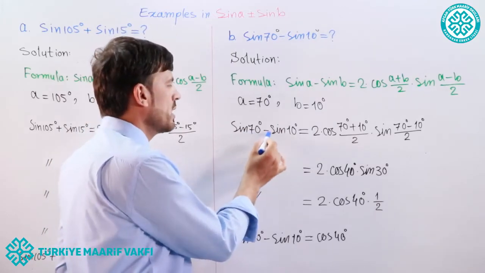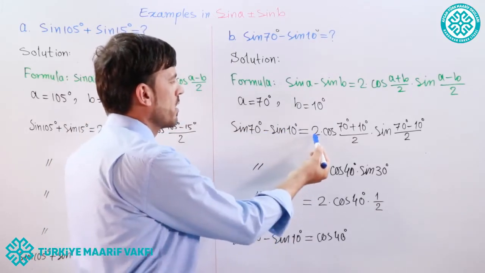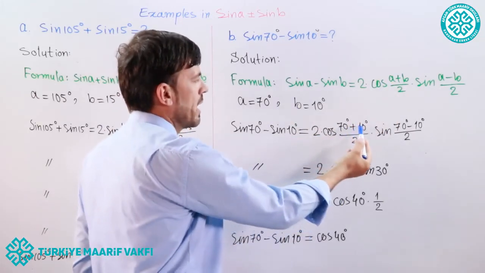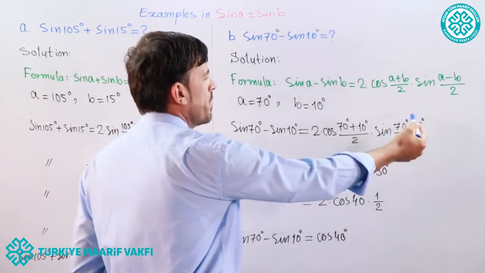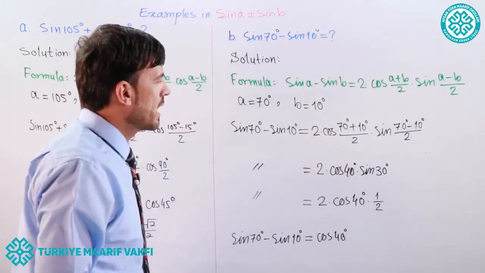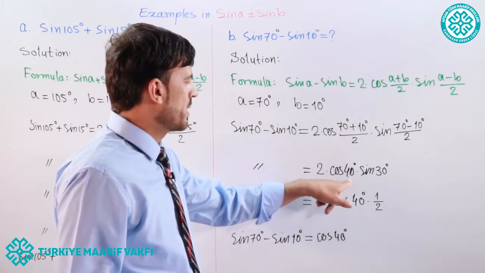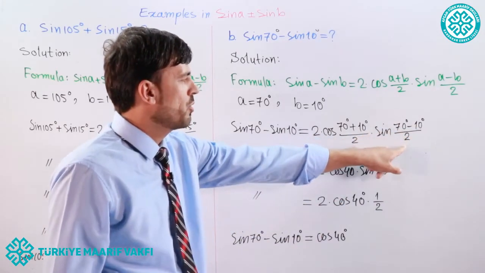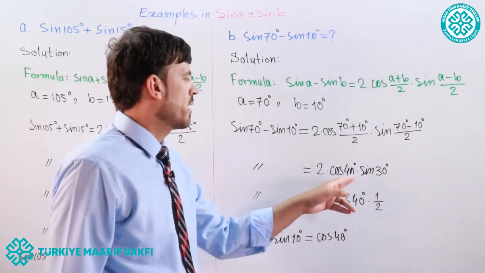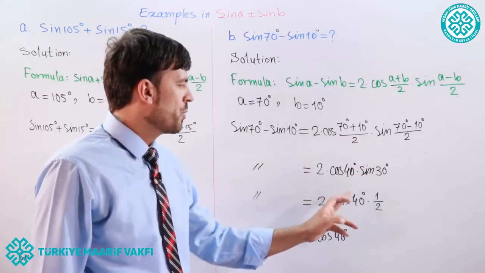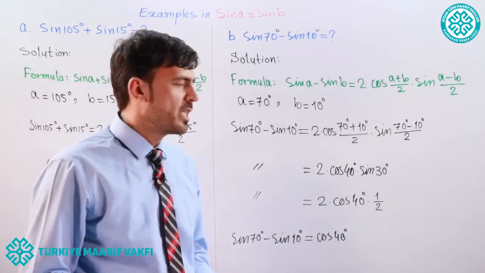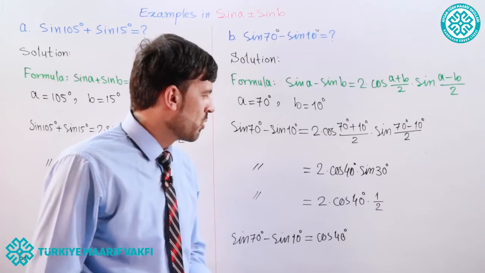So sine 70 degree minus sine 10 degree will be 2 cosine of 70 plus 10 over 2 multiplied by sine of 70 minus 10 over 2. 70 plus 10 over 2 will be 40 degree, and 70 minus 10 over 2 will be 30 degree, and the value of sine of 30 degree is known, which is 1 over 2, and we don't know the value of cosine of 40 degree, so that will remain in its own form.